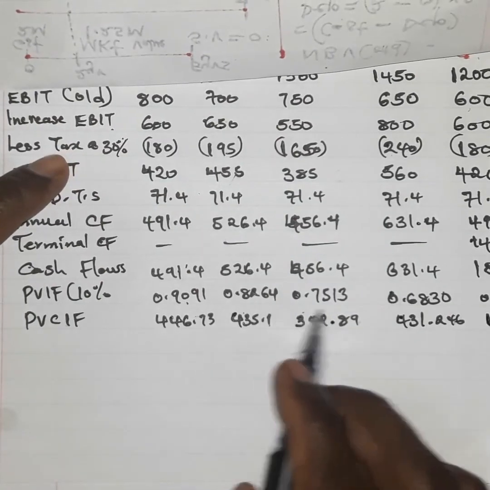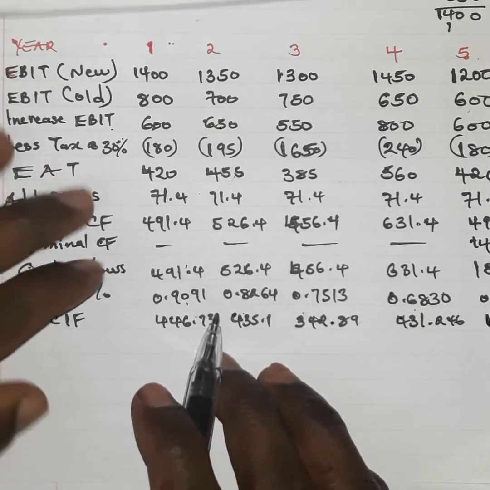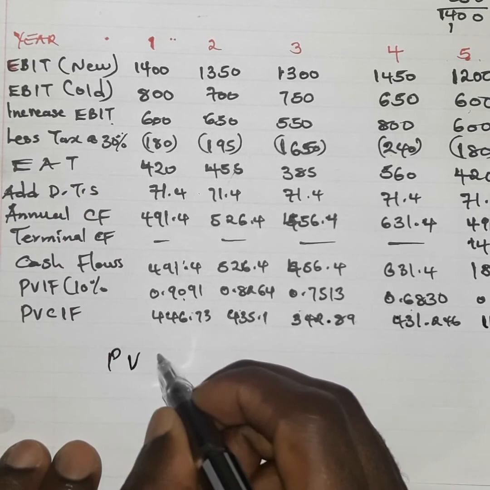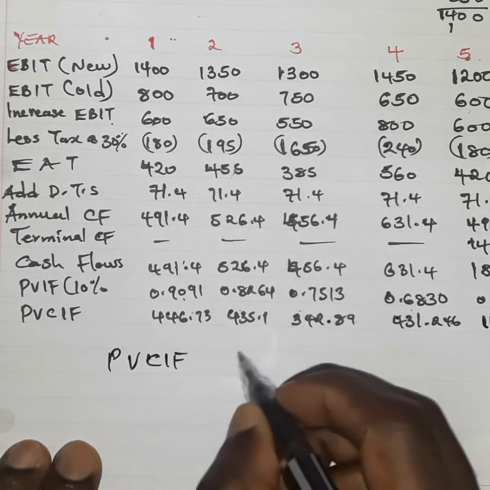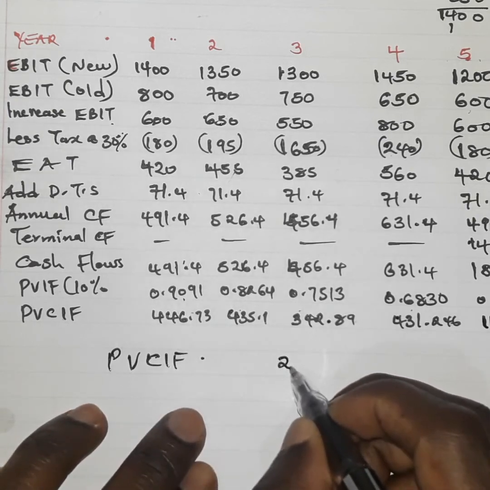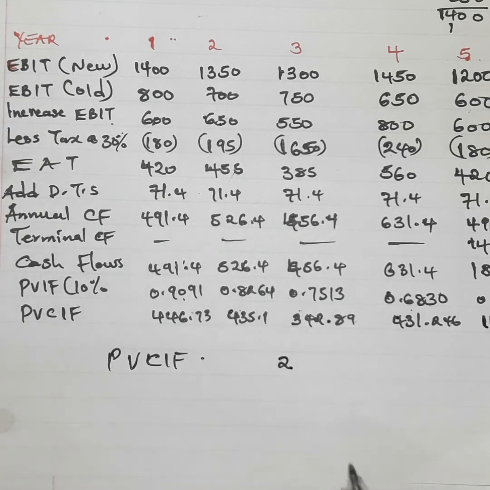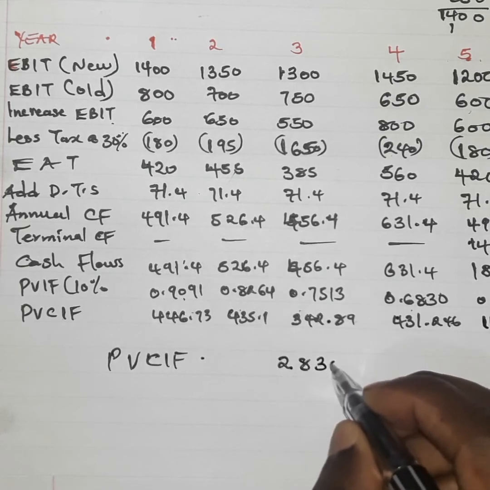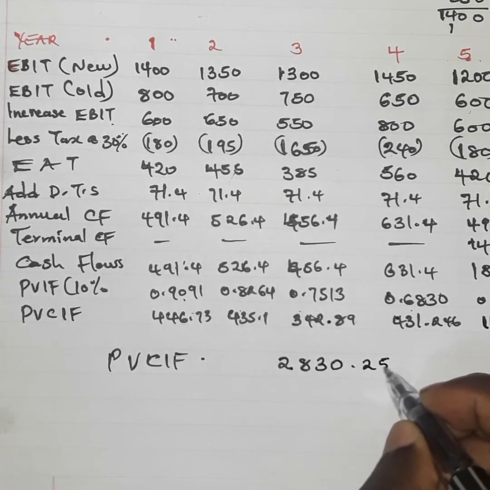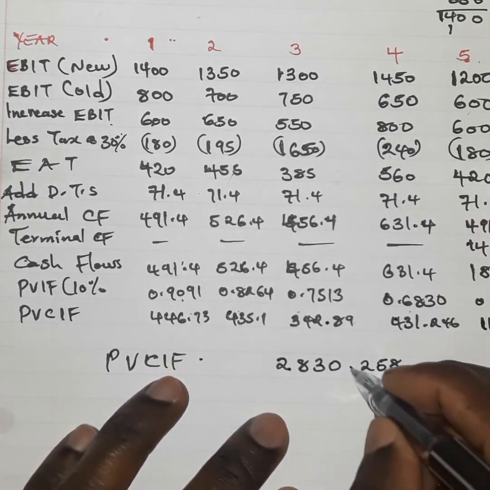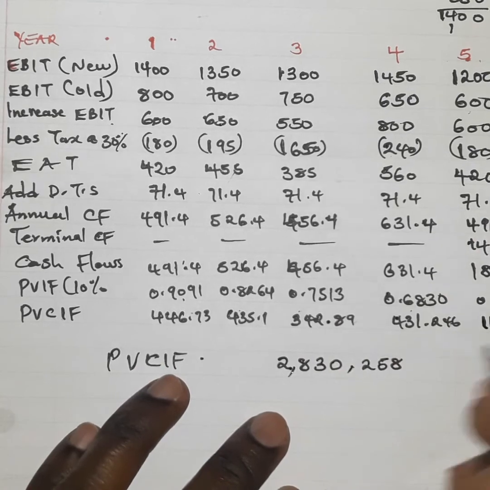Now these ones we add all together and subtract the initial outlay that we had before. So when you have the present value of cash inflow, their total is supposed to be 2830.258. But now we multiply by 1,000 because you are working in thousands, so it's supposed to be 2 million.